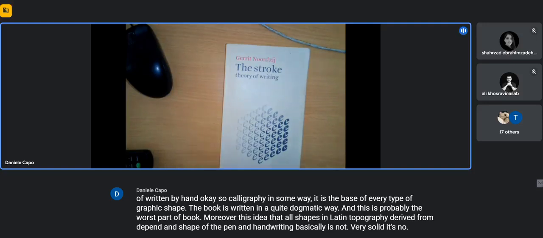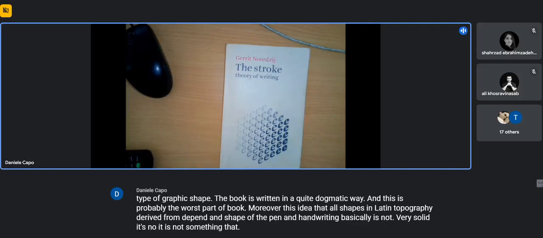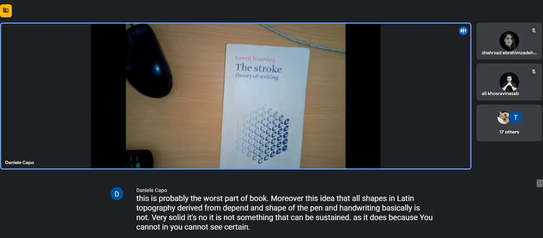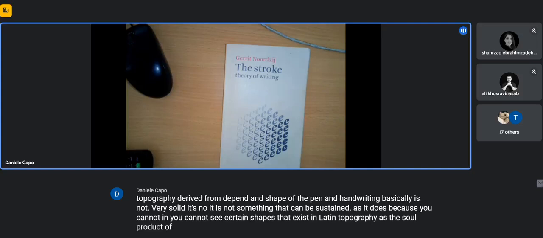It is not something that can be sustained, because you cannot see certain shapes that exist in Latin typography as the sole product of the imitation of handwriting.